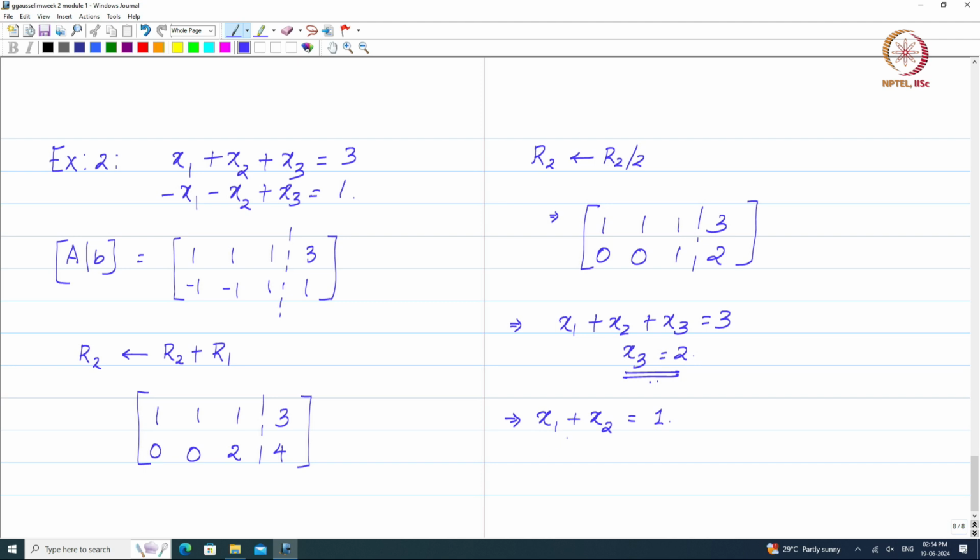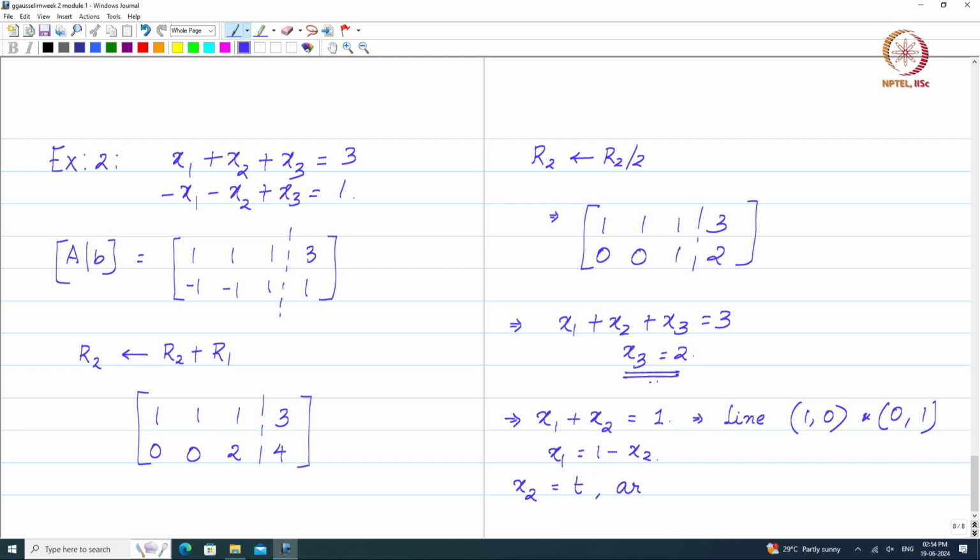This is a line with intercepts 1 comma 0 and 0 comma 1. x1 will become 1 minus x2. We can parameterize x2 by assigning any arbitrary value to x2, say t.